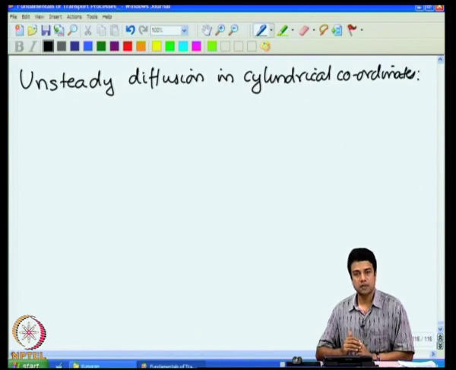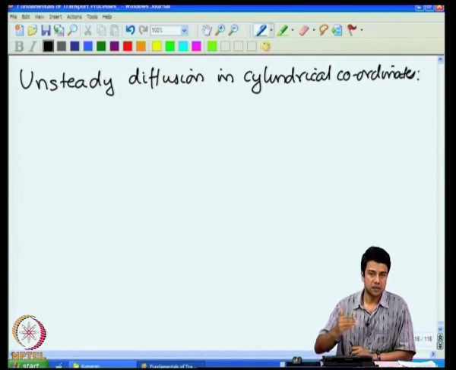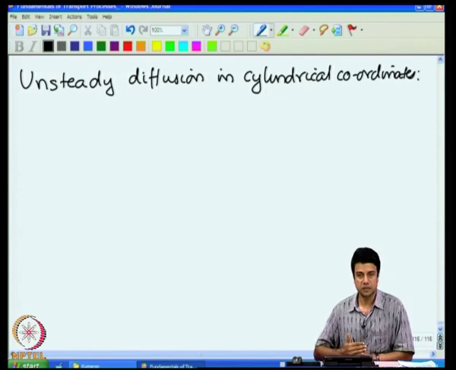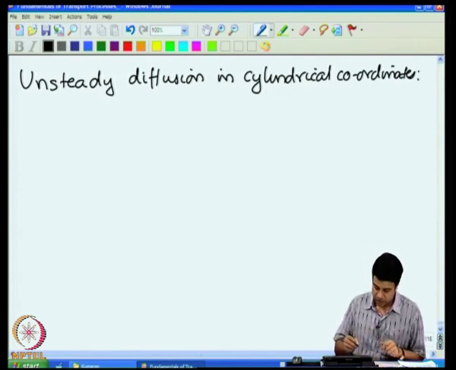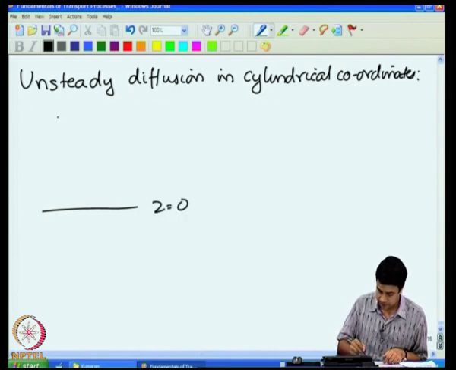We considered a situation where the penetration depth of the concentration or temperature disturbance at the bottom surface is small compared to the thickness of the channel. In that case, the condition at the other surface was not really affecting the temperature field near this bottom heated surface. So, we had a situation like this: z is equal to 0, z is equal to h.